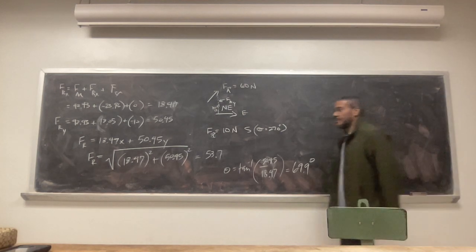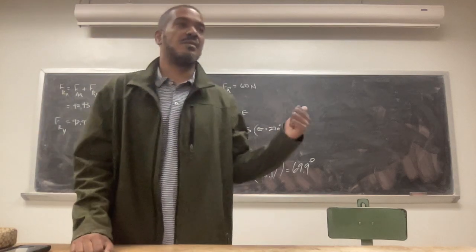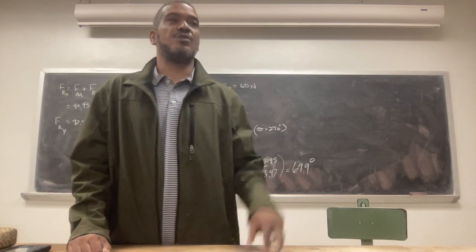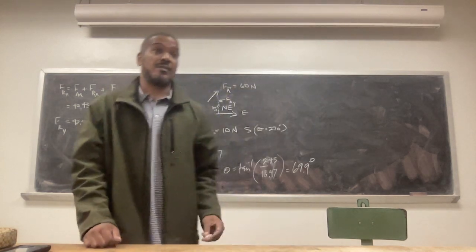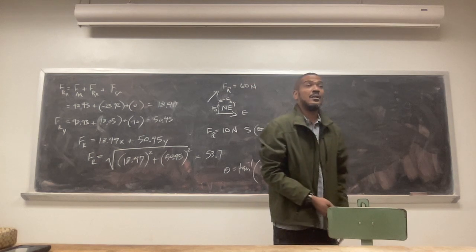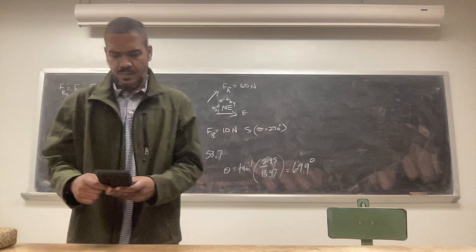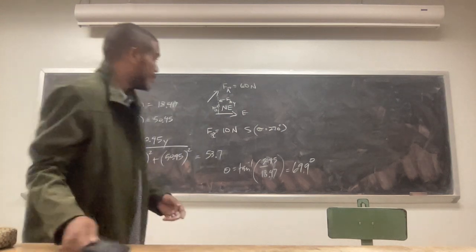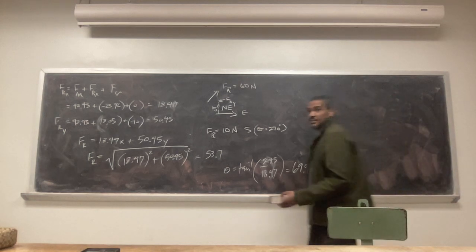All right. So what was the name of that method we just used? We have two methods, and that was the component method. Now we're going to look at the tail to tip method, but with the same vectors.